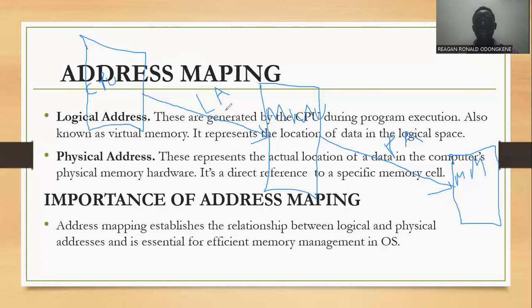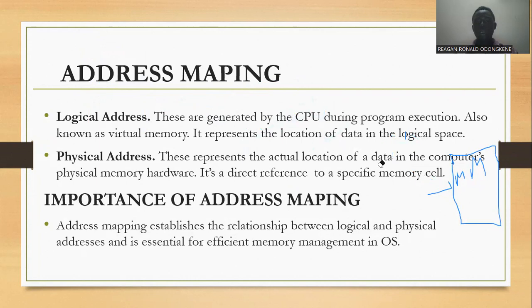So this is how the CPU, the memory management unit, and the main memory interrelate in a computer system. What is the importance of this address mapping? Address mapping establishes the relationship between the logical and the physical addresses, and it is essential for efficient memory management in operating systems.